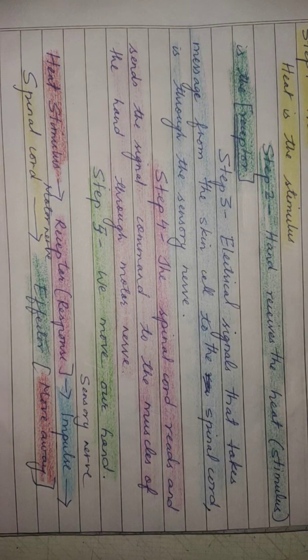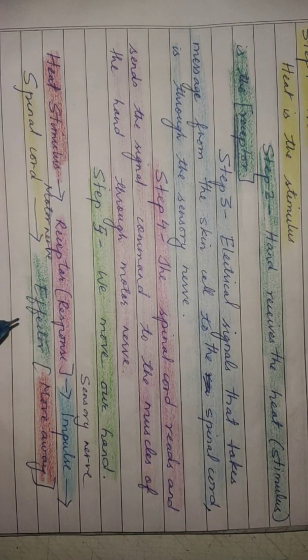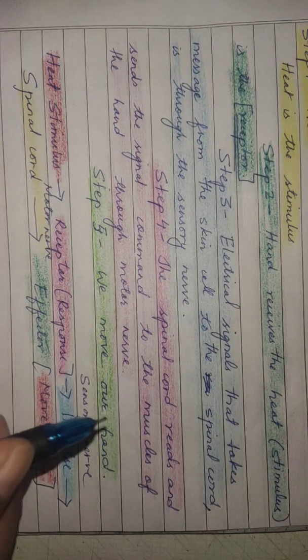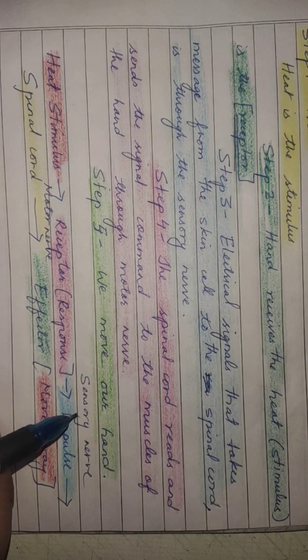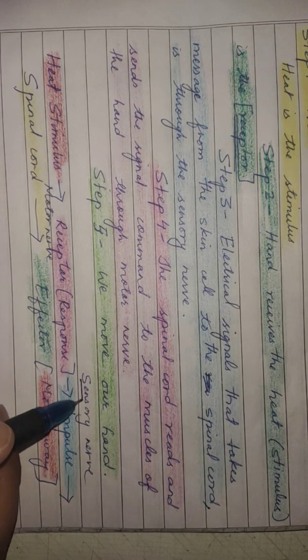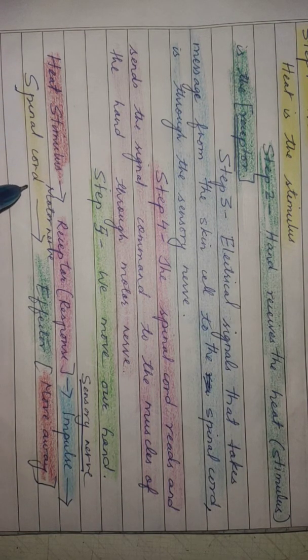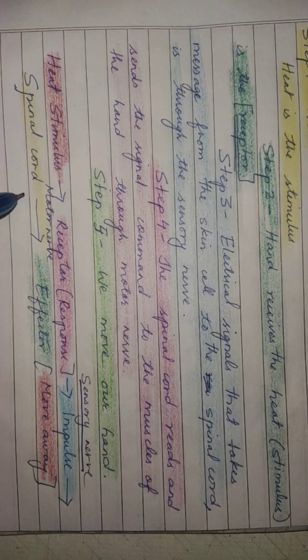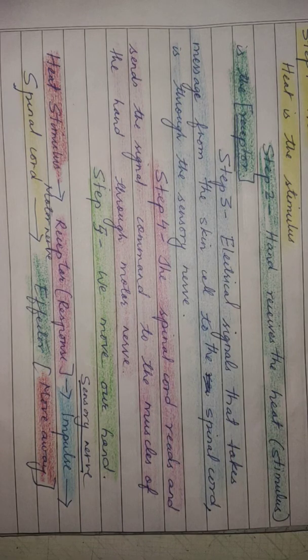So these are our simple steps: heat, stimulus, receptor or response, and the impulse is transported from the receptor to the spinal cord with the help of a very important nerve that is known as the sensory nerve, and from the spinal cord, the impulse is transferred by the motor nerve to the effector, and that makes our hand withdraw from the hot utensil.